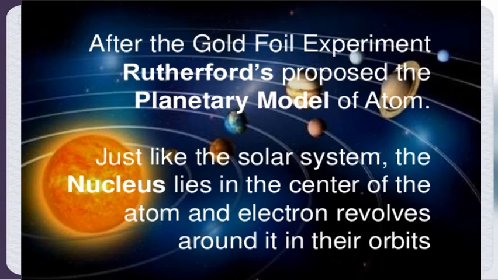He compared the structure of an atom to the planetary model, like a solar system, in which the center, the nucleus, is occupied by protons and neutrons, while electrons are present around the nucleus in particular orbits, which are the circular paths in which they move.